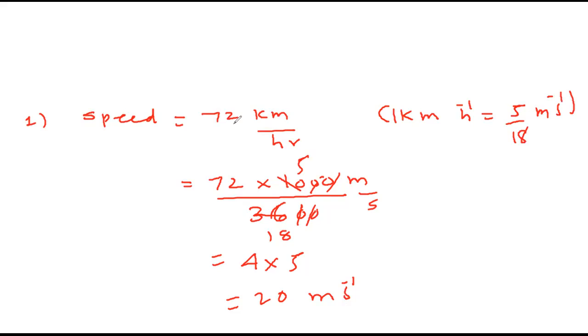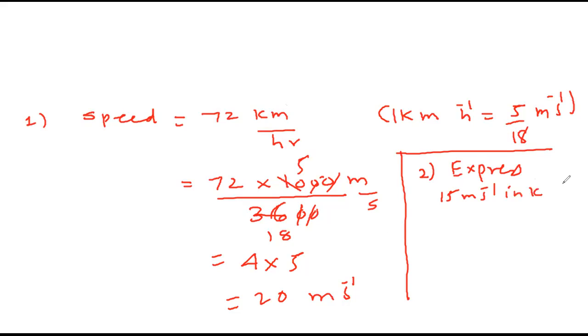Then directly you can write 72 kilometer per hour is 72 into 5 by 18 meter per second, or convert this way. Second sum. First one over.